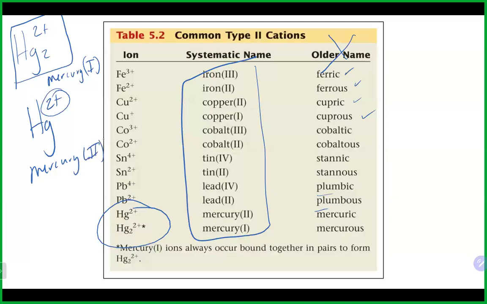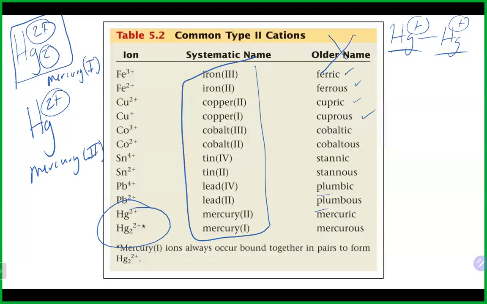The reason for that is mercury 1 is actually two mercury 1s stuck together, basically. So that is why it has a +2 charge: +1 and +1 is +2. And that is why there is a 2 on the bottom to indicate that there's 2 mercuries there. So oddly, the one with all the 2's is mercury 1, and the one with the least number of 2's is mercury 2.